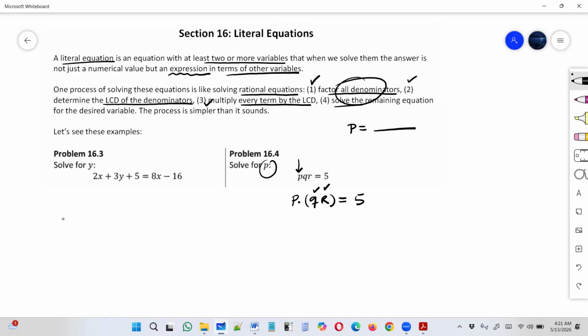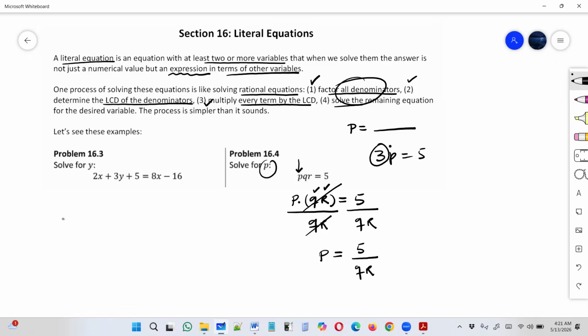Now this is very much similar to, for example, if I had 3P equals 5. All I would have to do is divide by 3. Well, in this case, it's the same thing. All I have to do is divide by QR. And if you do it on the left side, do it on the right. Now, the QR on the left cancels with the QR that I've divided. I'm left with P equals 5 over QR.